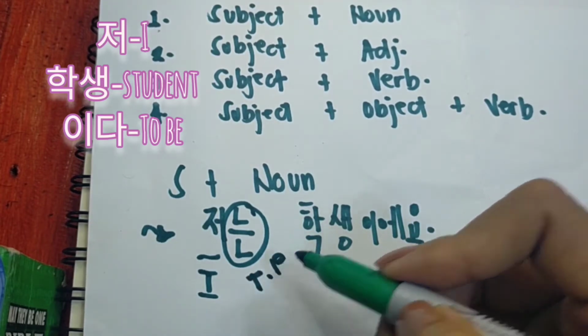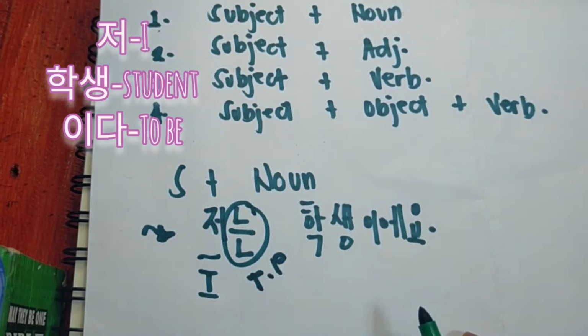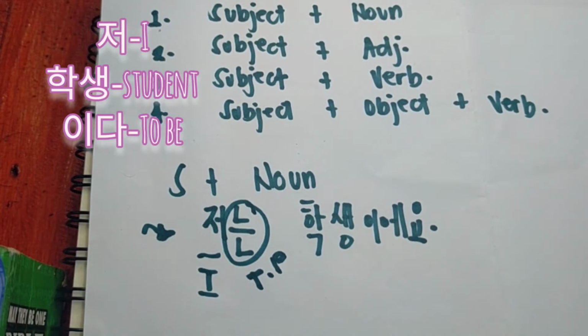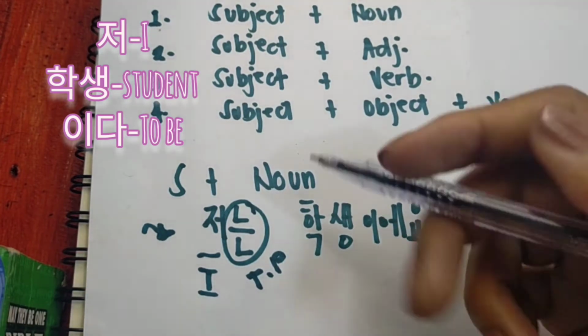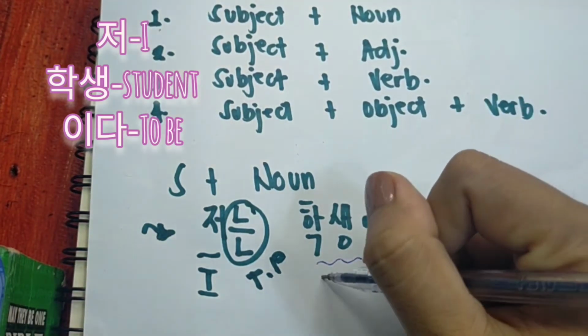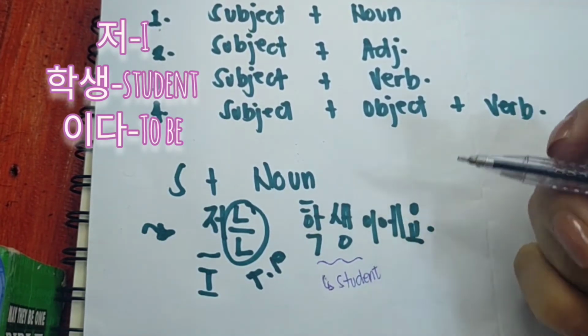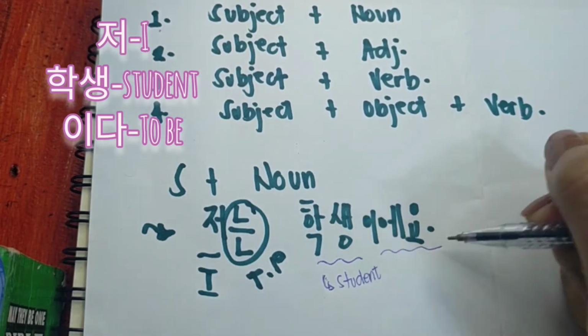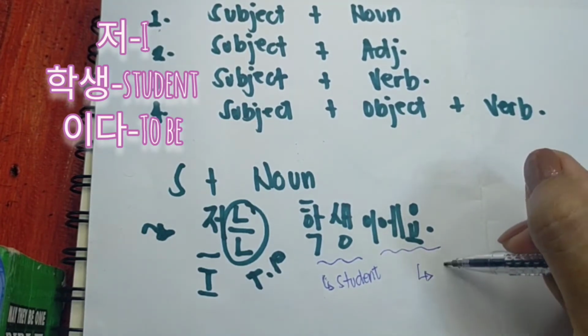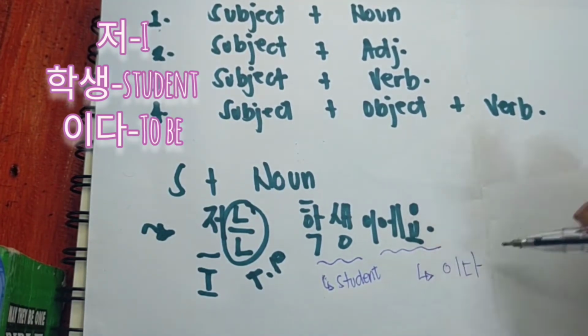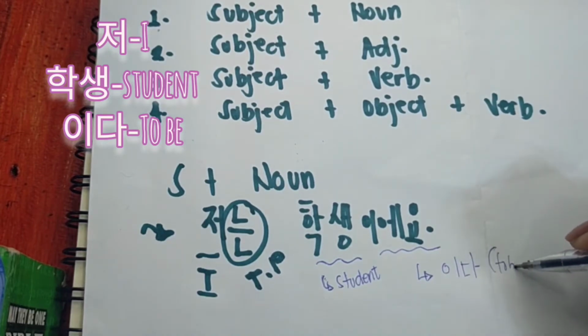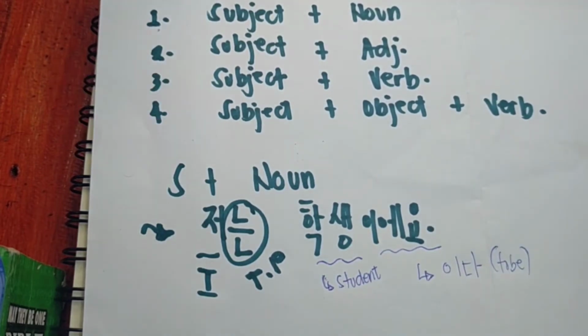Topic particles. Yung 학생 means student, in English. 이에요 from the verb ida or means to be. Ayan.